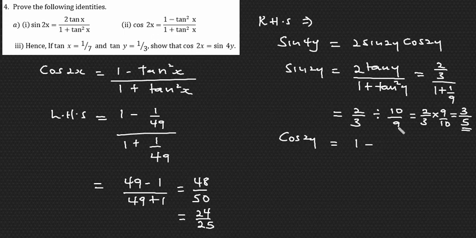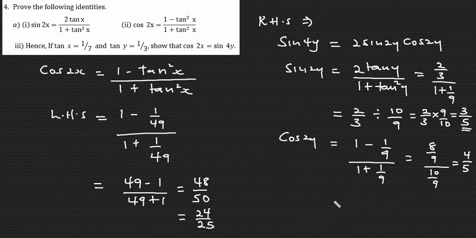Now we shall get 1 minus 1 over 9 divided by 1 plus 1 over 9. This is going to be 8 over 9 and the other one will be 10 over 9, which is 4 over 5.